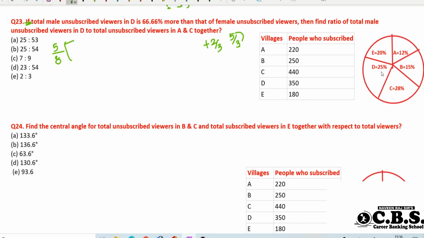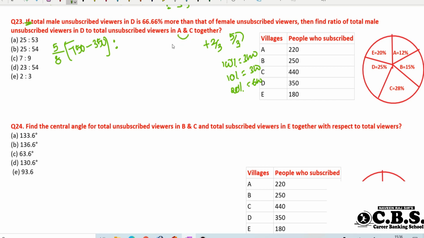And D is how much percentage? 25%. Now 100% is 3000. Clear? Now 10% is 300 and 20% is 600 and 25% is 750. It is 750 minus 350. Okay, put a ratio. And what is the ratio asking?